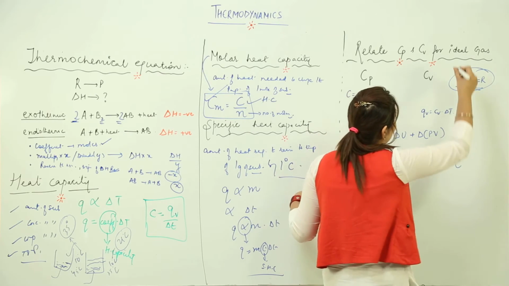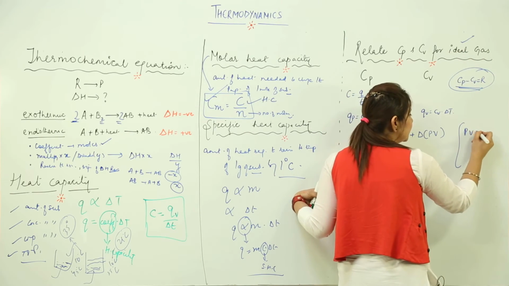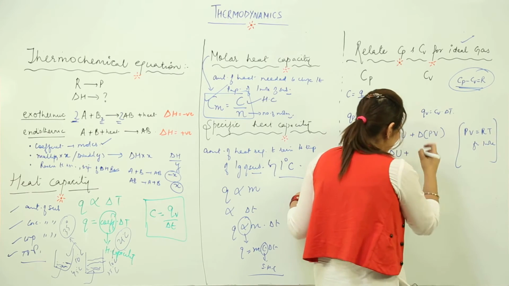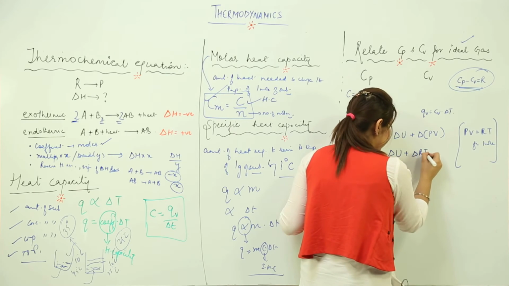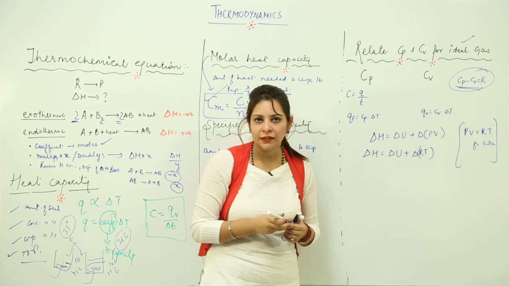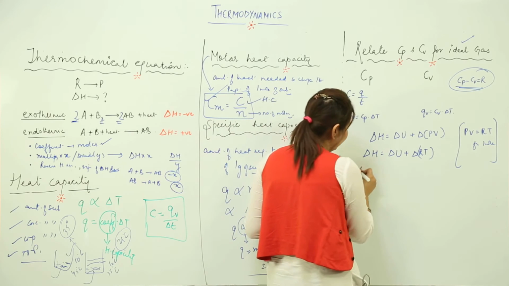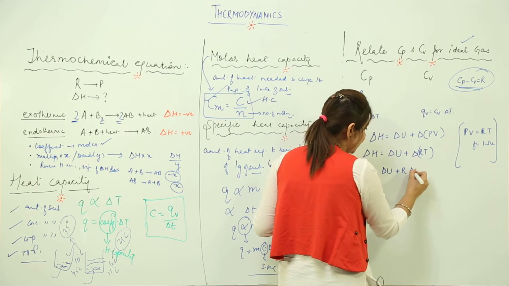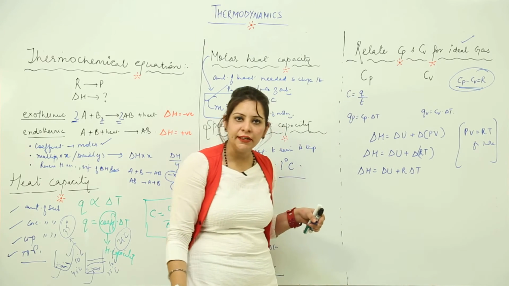We know this is for an ideal gas, so PV is equal to RT for 1 mole, so let us write it as delta RT. Simplifying, delta H is equal to delta U plus R, which is constant, so it becomes R delta T.